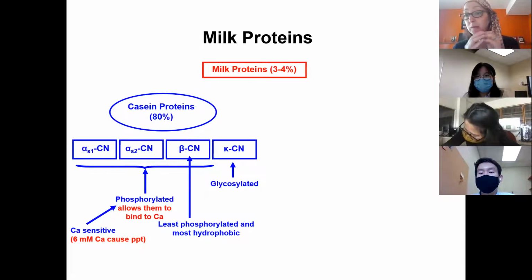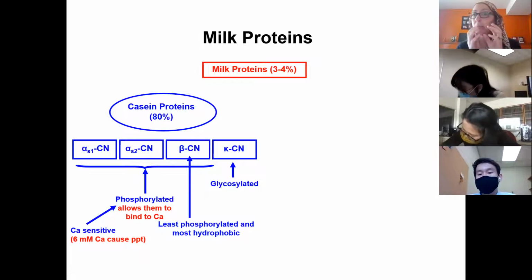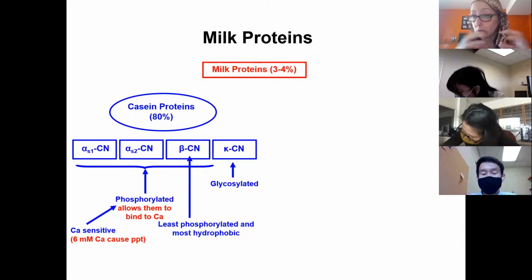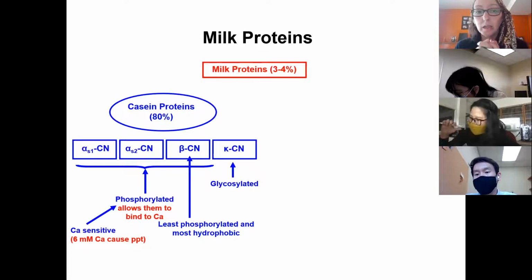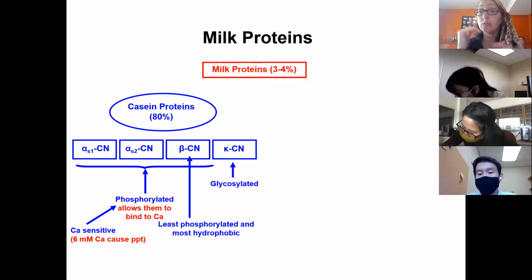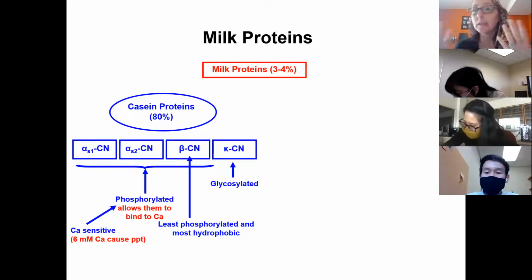So kappa casein plays an important role in the stabilization of the casein micelle, preventing it from interacting with each other. So they stay suspended in milk unless they're hydrolyzed or heat treated or acid treated, then they lose the stability. And we'll talk about all of that.